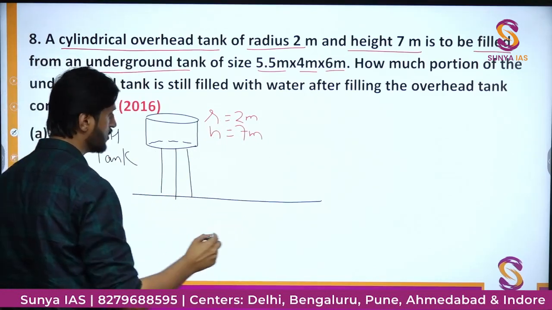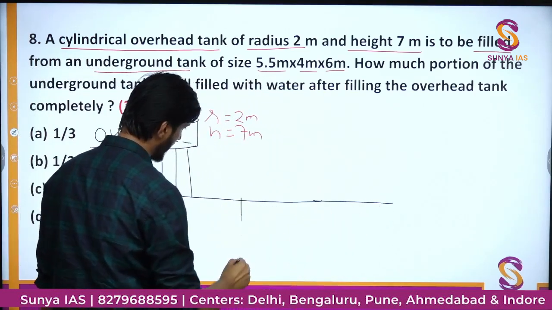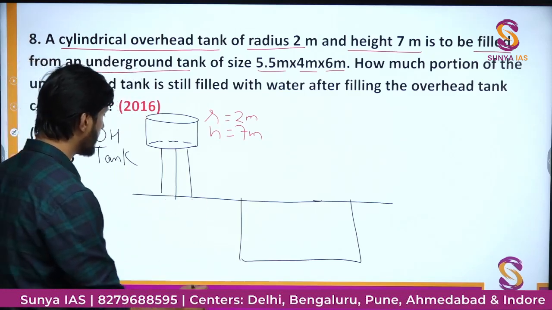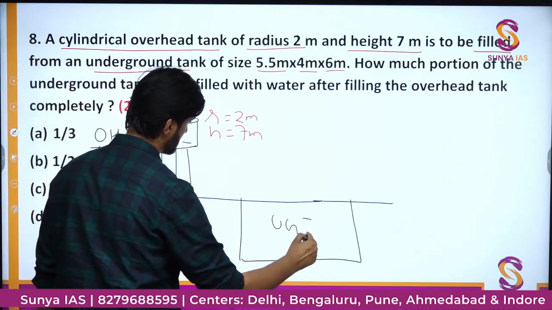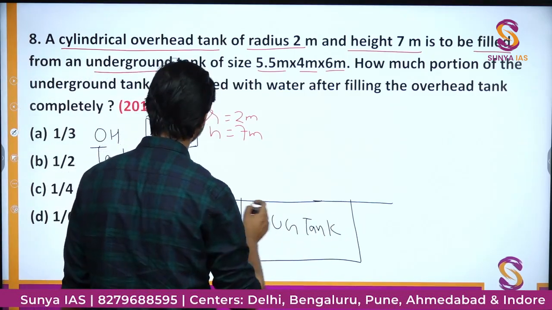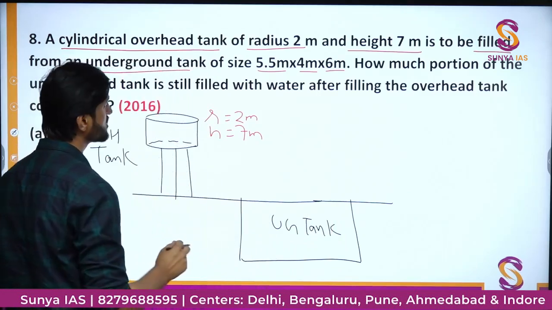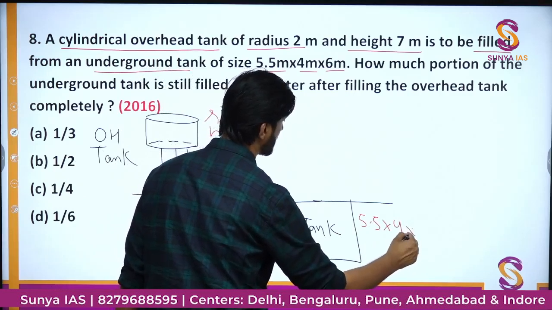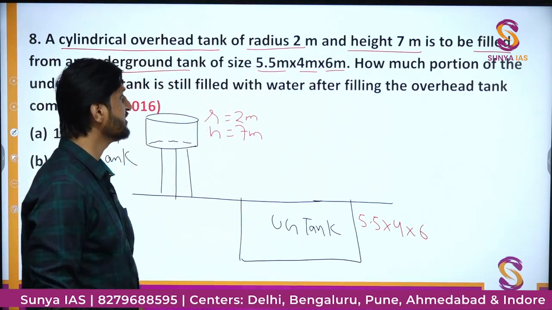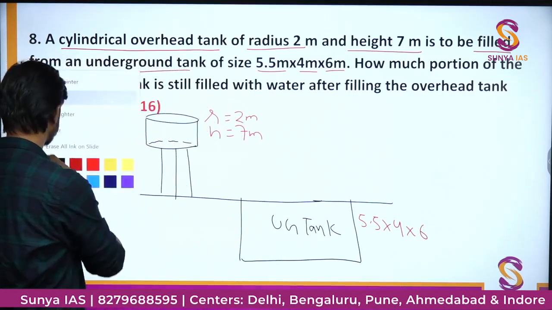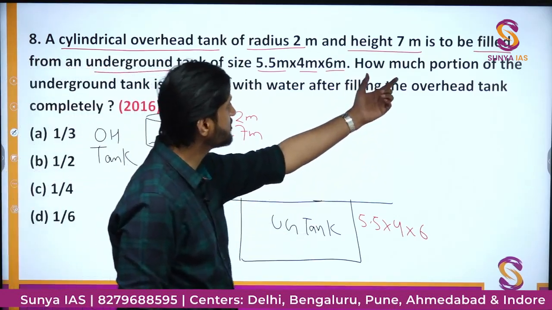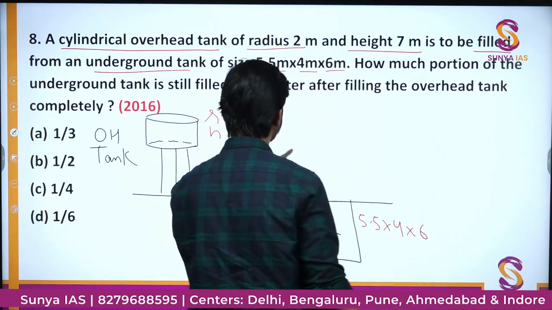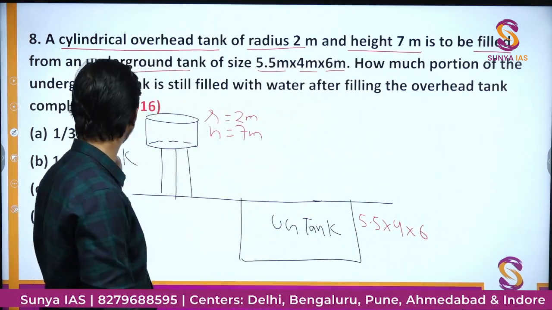Then we'll talk about the underground tank. Okay, this underground tank is actually cuboidal in shape and we have the dimensions as 5.5 into 4 into 6. Now it says, how much portion of the underground tank is still filled with water after filling the overhead tank completely.